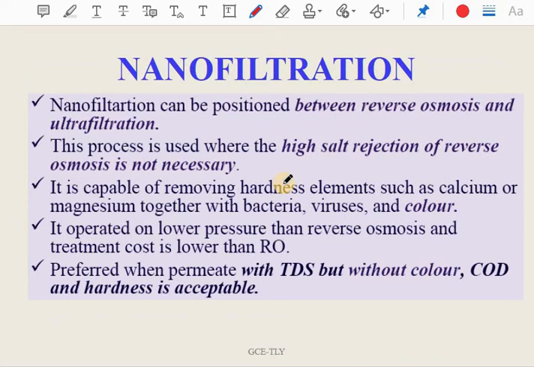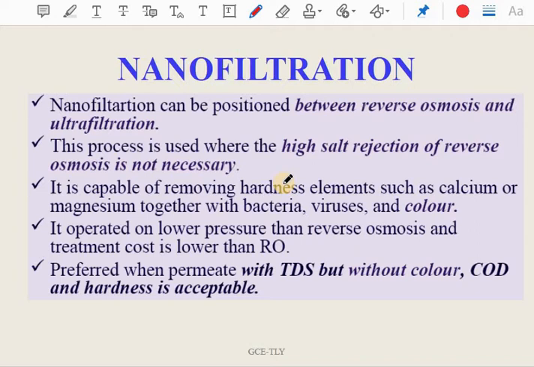The next method of membrane filtration is nanofiltration. Nanofiltration can be positioned between RO and ultrafiltration. This process is used where the high salt reduction of reverse osmosis is not necessary, and it is capable of removing hardness, such as calcium and magnesium, together with bacteria, viruses, and some color.